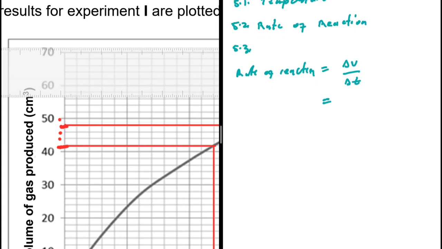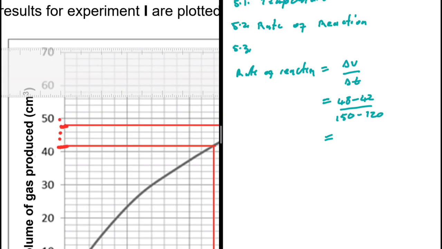So the change in the volume, we're going to have 48 minus 42 divided by 150 minus 120. Let me put that in my calculator. 48 minus 42 divided by 150 minus 120, that is 0.2.